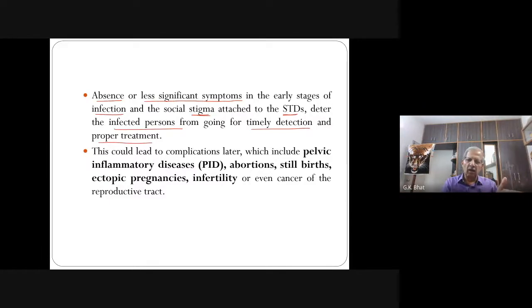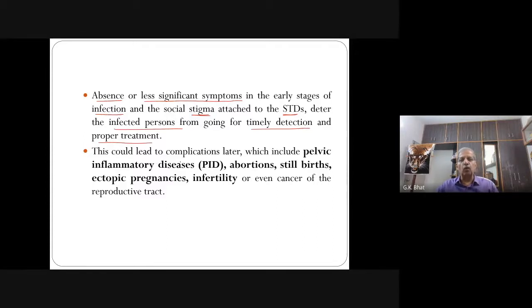But ultimately, because of coming in contact with one another, either the girl will get it from the boy, or the boy from the girl. After that, symptoms start developing. Because of the wrongdoing, they fear to go to the doctor, and they fear to tell the parents also. That makes timely detection and proper treatment not happen.